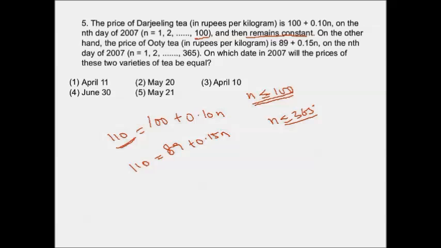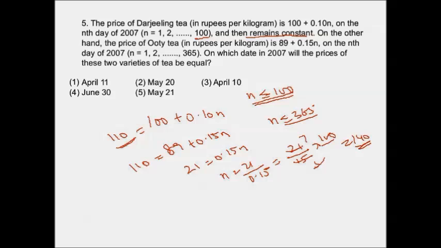That means 21 should be equal to 0.15 n, or n should be equal to 21 upon 0.15, which is 21 upon 15 divided by 100. So 3 7s are 21, 5 20s, this gives us 140. So 140 is the number of days after which it would be the same.